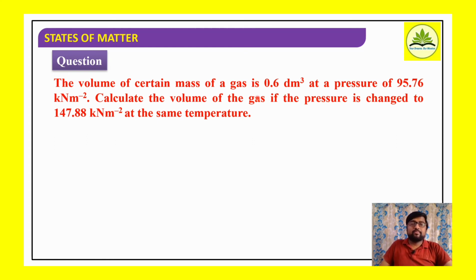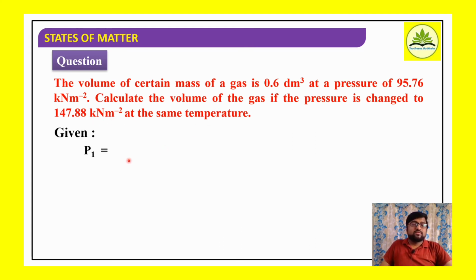At 95.76 kilo Newton per meter square. Further, what are they saying? Calculate the volume of the gas if the pressure is changed to 147.88 kilo Newton per meter square at the same temperature.